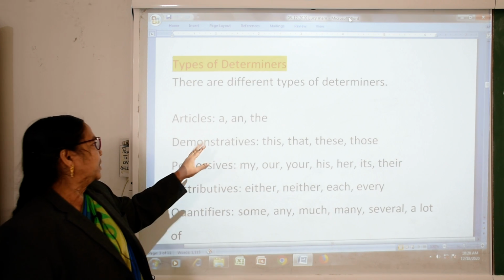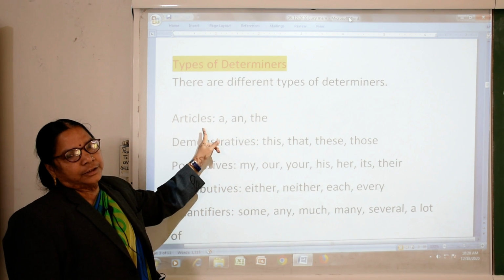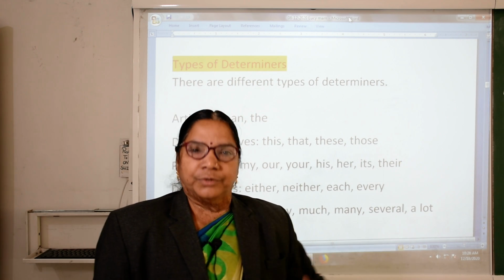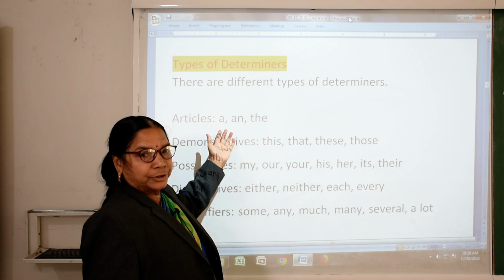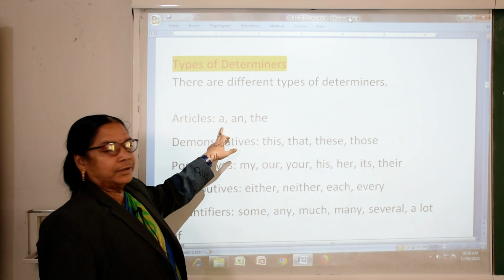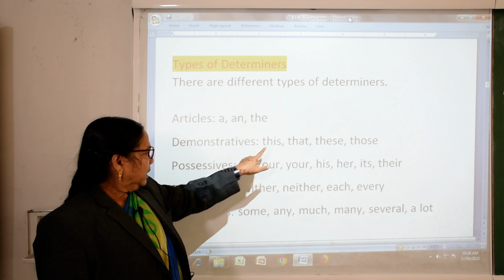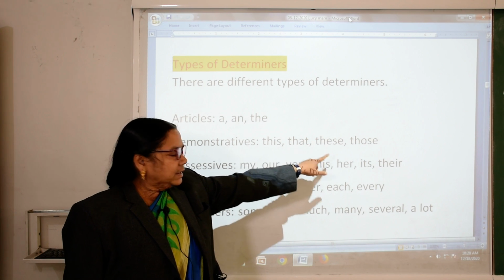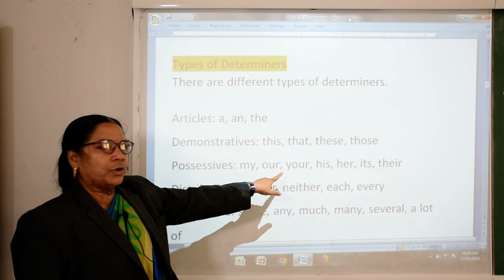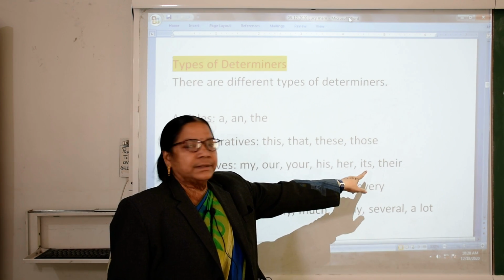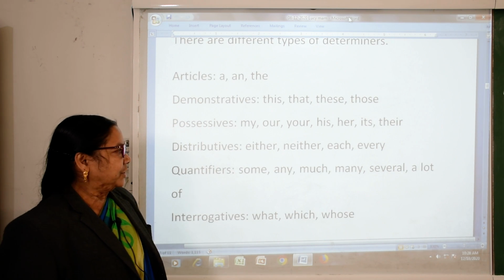There are different types of determiners. Articles: a, an, and the. Articles we have already studied before. Demonstratives: this, that, these, those. Possessives: my, our, your, his, her, its, their. Distributives: either, neither, each, every.